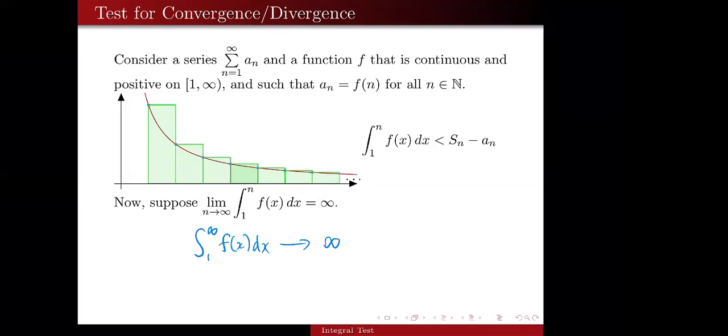It's just the limit of the integral from 1 up to n of f of x dx as n approaches plus infinity. And suppose this is equal to plus infinity. If we take the limit as n approaches infinity here, this will go to plus infinity, and it is even less than this number, which means that this guy here will also go to plus infinity.